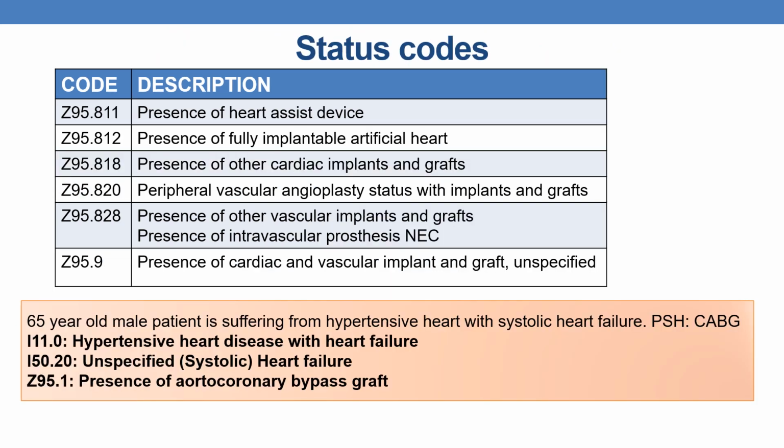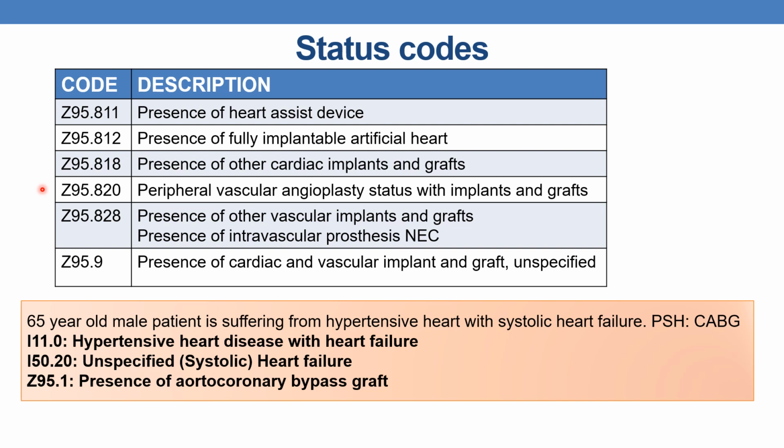The next is Z95.811. It indicates presence of heart assist device. The next is Z95.812. It indicates presence of fully implanted artificial heart. The next is Z95.818. It indicates presence of other cardiac implants and grafts. The next is Z95.820.